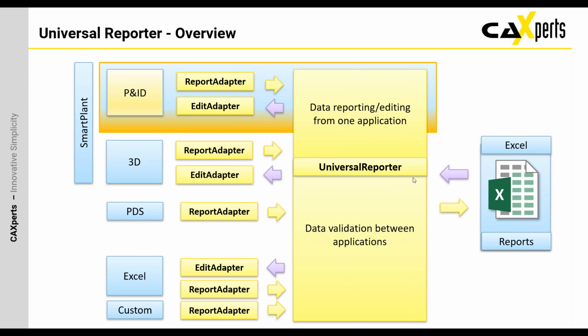So this means Universal Reporter is not only a generic reporting engine, it is also an interface that will allow you to change data for PIDs or for 3D objects, and then you can press a button and the button will write it back to the authoring tool, of course doing some checks in between.